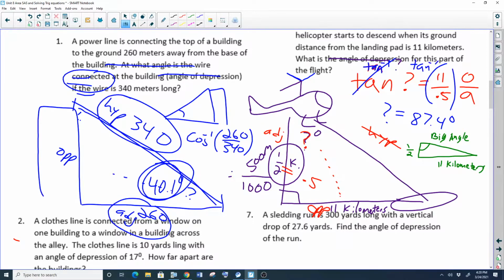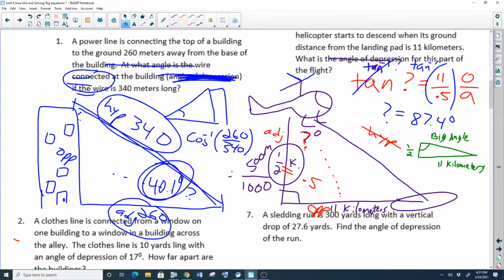So number one, we did that whole power line thing with the building. Here's our nice little building, here's our door. For next year I'm going to cross out angle of depression because I didn't want that for this problem.